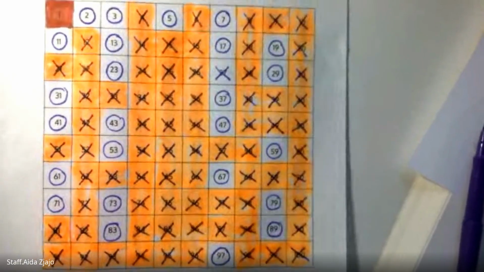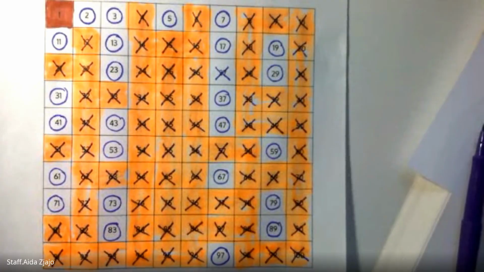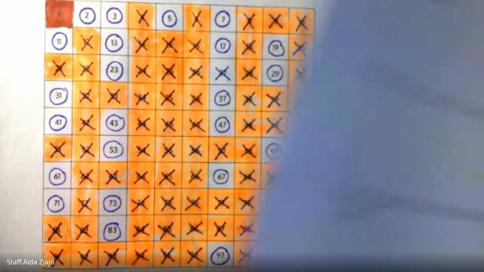And then we have to answer some questions on the back, which is: list the circled numbers. The circled numbers are our prime numbers.